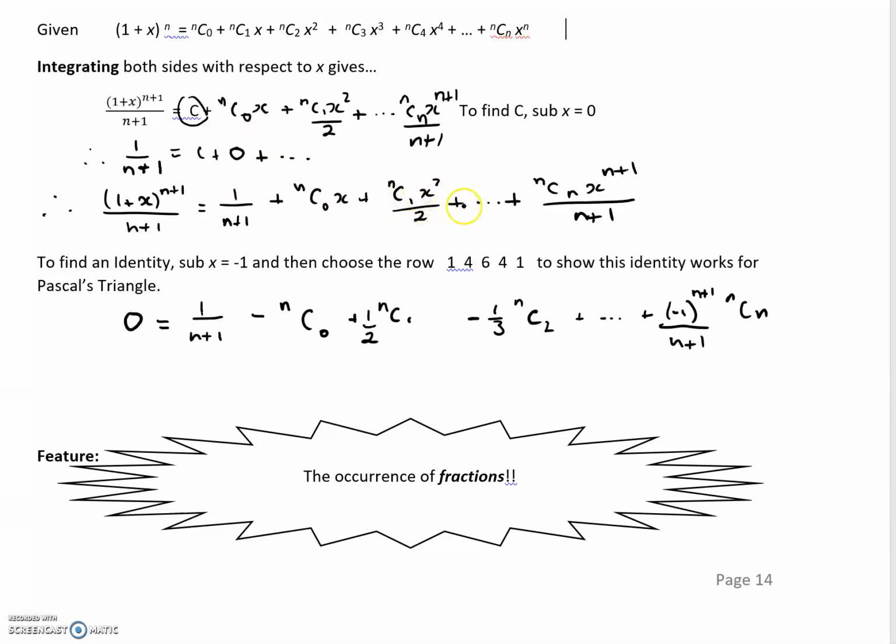So really all I can say about identities that are a result of a binomial being integrated is that you'll see the occurrence of fractions.